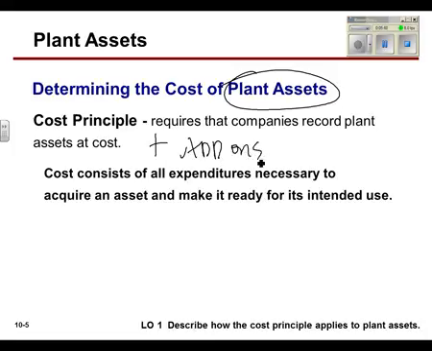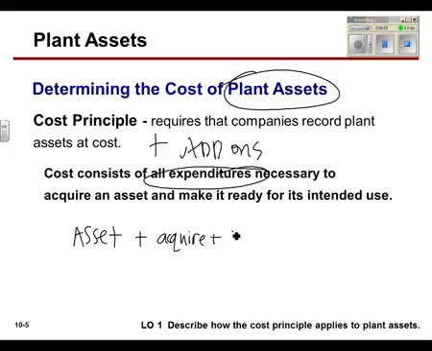Costs consist of all expenditures necessary to not only get the asset, but to make it ready for its entire intended use. So you take a look at the asset, plus what it takes to acquire, plus what it takes to get it ready.